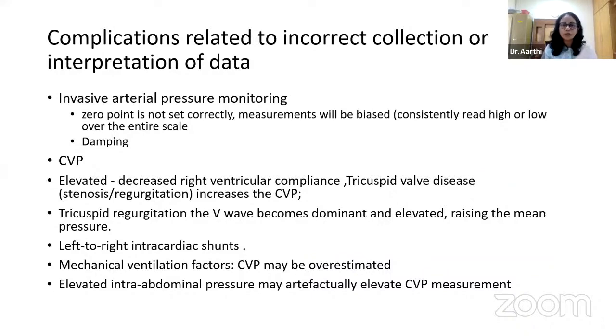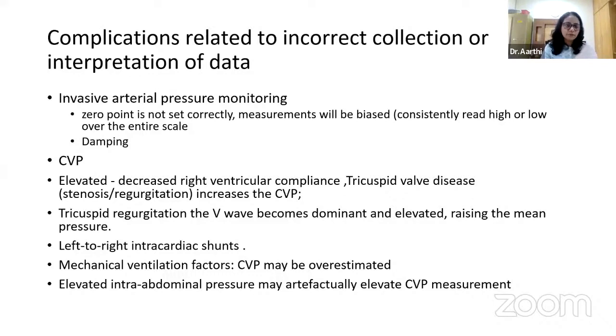The zero reference point is very important with respect to measurements of arterial blood pressure in different scenarios. When you are measuring cerebral perfusion pressure, the zero point is different, and when we are measuring arterial blood pressure to assess the cardiac output, the zeroing is different. And the damping coefficient is very important. When the system is either overdamped or underdamped, that might not give an adequate or appropriate blood pressure tracing.